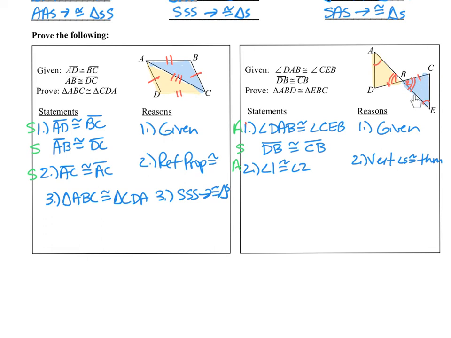This would be the included side. What we have marked here is a non-included side. So that means that these 2 triangles are congruent by angle, angle, side. So in step 3, we're going to say then that triangle ABD is congruent to triangle EBC. And the reason why is because angle, angle, side implies congruent triangles.